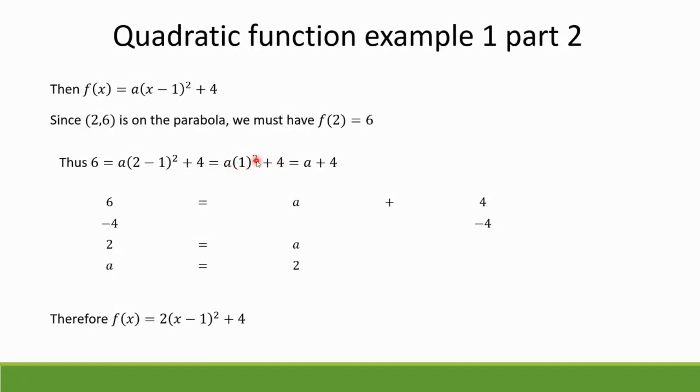Well, 1 squared is 1, so we get a plus 4. So we have 6 equals a plus 4. We just isolate a. We subtract 4, we get 2 equals a, and so a equals 2.